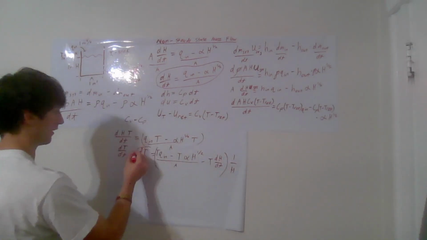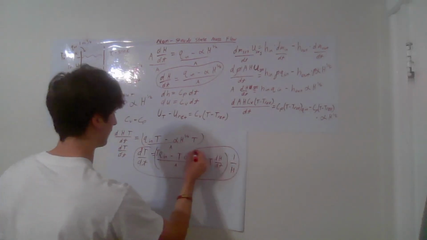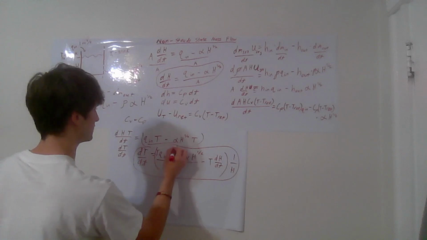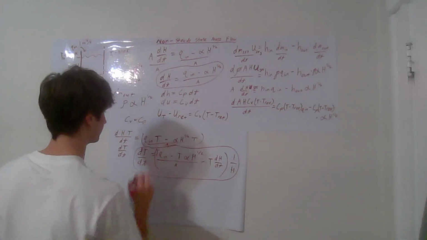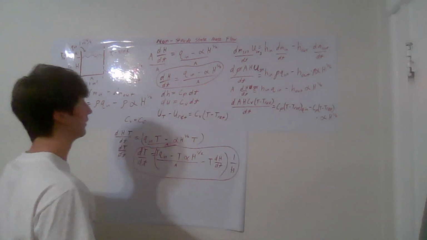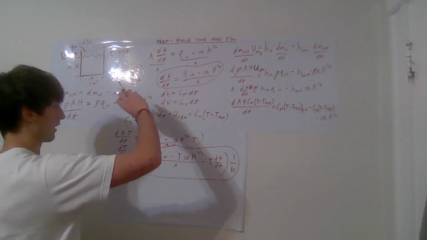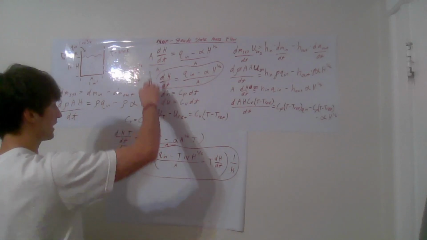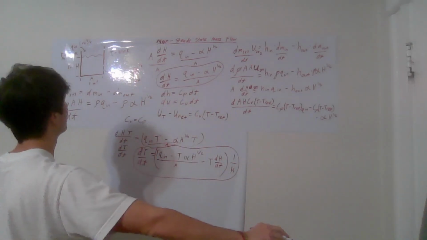And this is going to be our next equation that we're going to use. We're going to use this equation to code and find a graph of the temperature and the height over time.